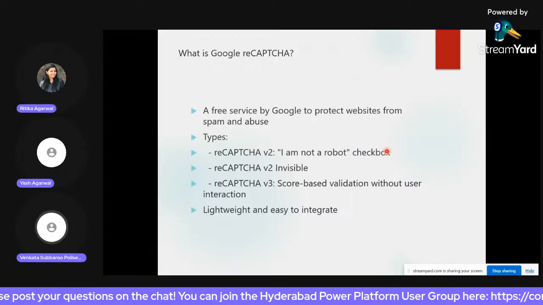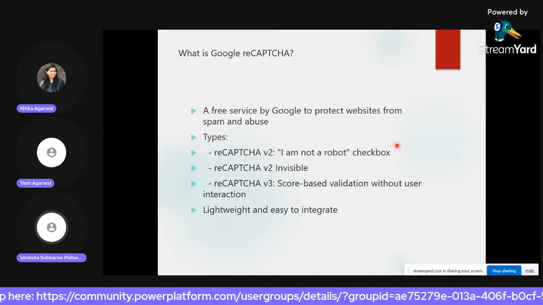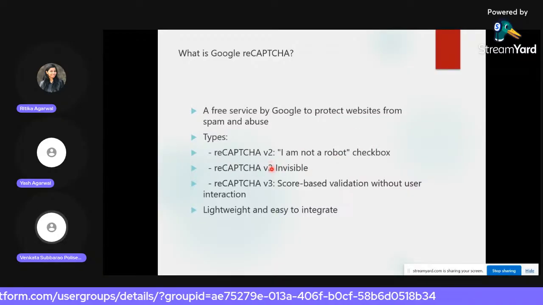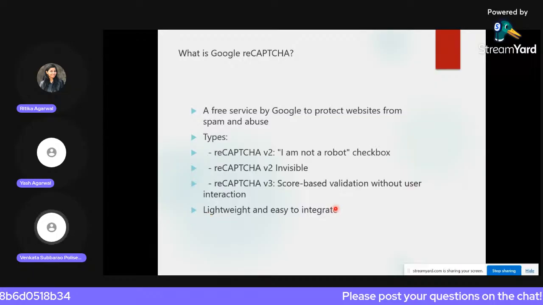You get it, for example, in Gmail: if you key in a wrong password a couple of times, you automatically get a checkbox. Another is reCAPTCHA V2 invisible, and reCAPTCHA V3 is score based validation without user interaction, lightweight and easy to integrate.